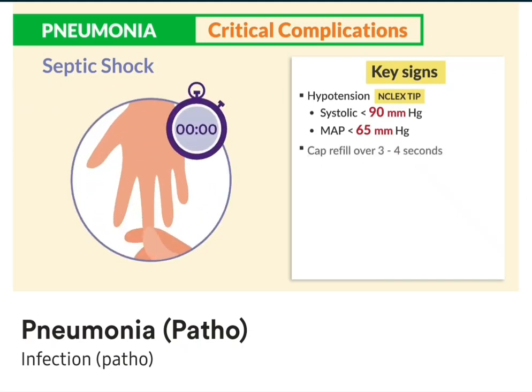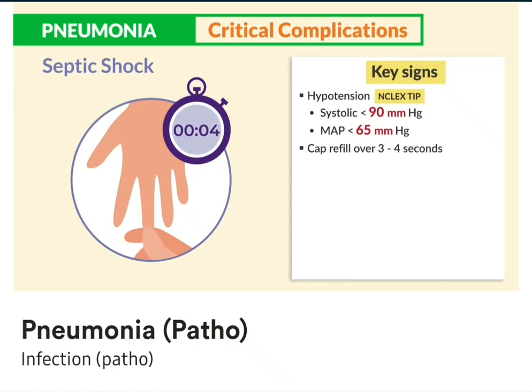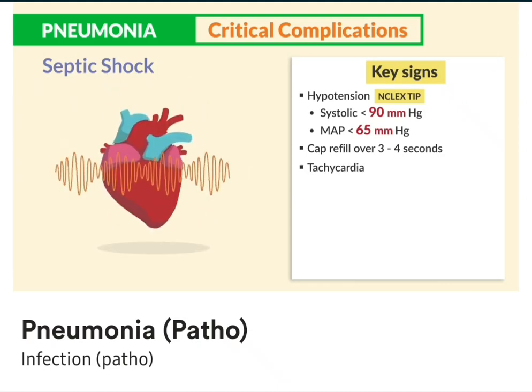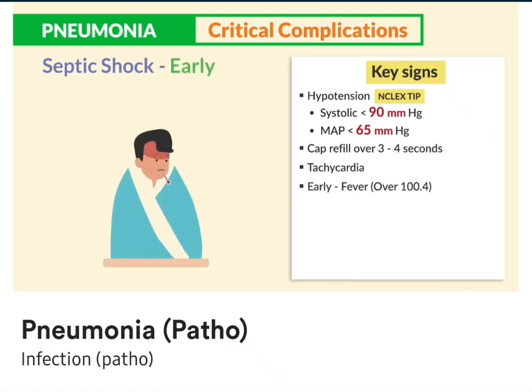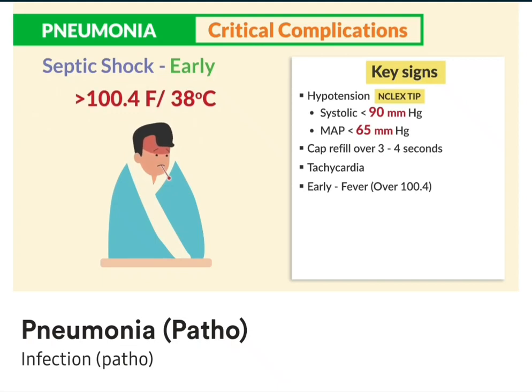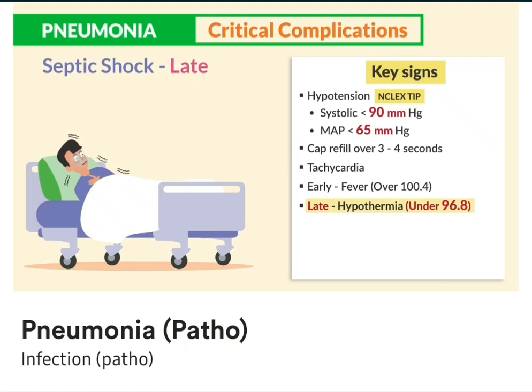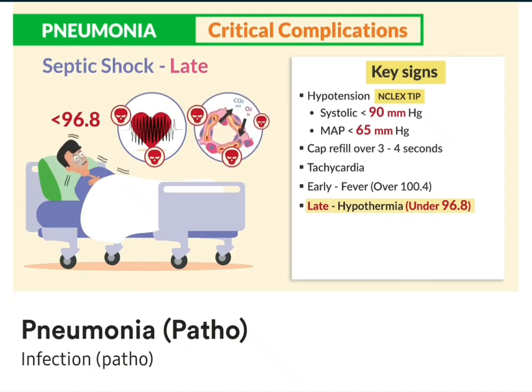Now some other findings is a cap refill over 3 to 4 seconds, tachycardia, and early signs we'll see a fever over 100.4 as the body fights the infection. Now a late sign is hypothermia under 96.8. As shock worsens, we get more severely low blood pressure and worsened perfusion. So the core body temperature goes down.